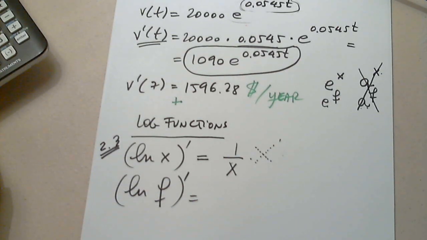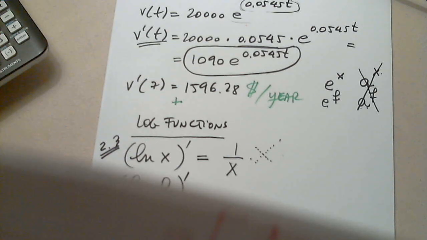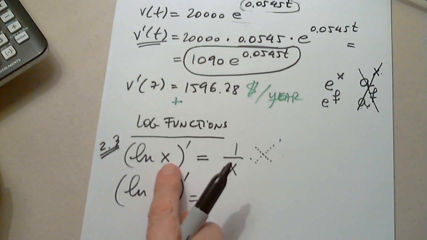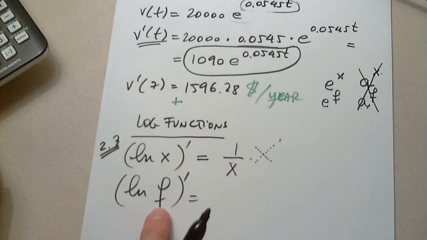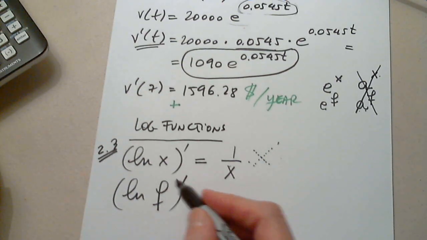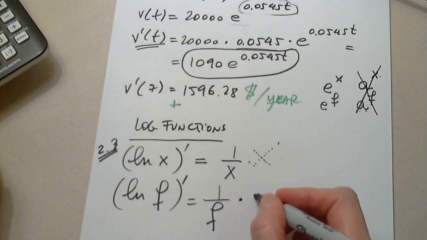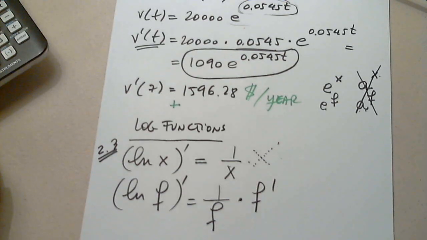Exactly what you see there. Can anyone come up with it? 1 over x. Careful, it's not x. We're talking about f. 1 over the function times the inner function prime.